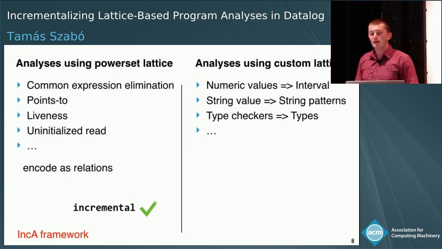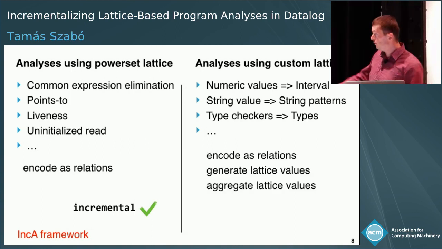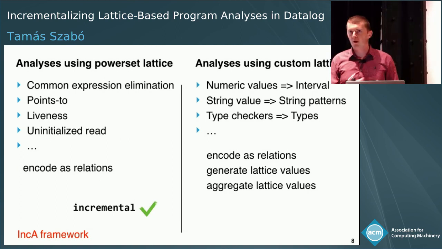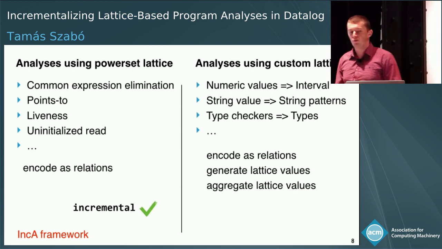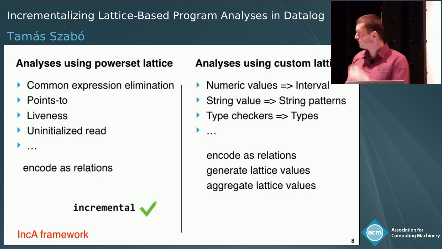And so what is common for these analyses is that they use relations on one hand, so that is good, but then they also want to use custom lattices, generate lattice values, and then aggregate lattice values. And aggregation is important because typically when we have cyclic control flow in the program, then at merge points we want to aggregate lattice values together. You will see an example for this later in this presentation.